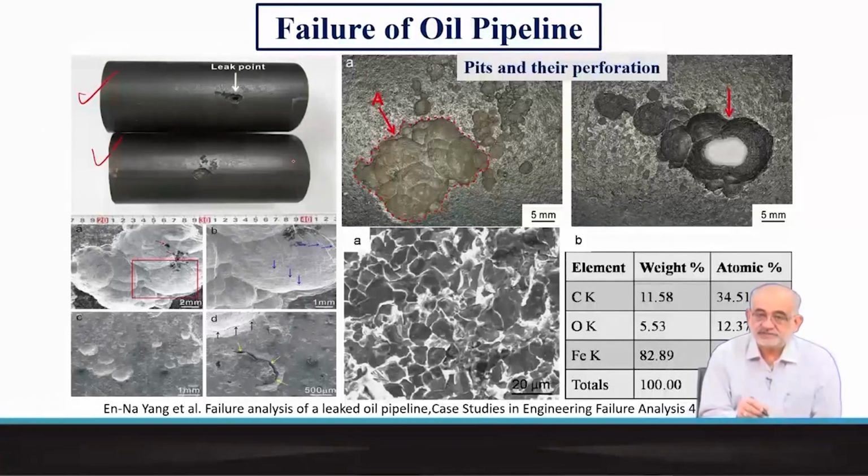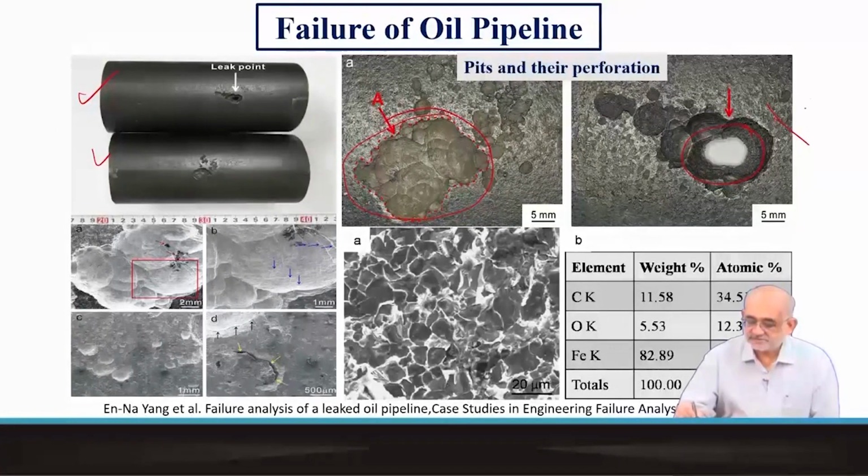So the pipes, which are made out of steel or various kinds of alloy steels, do undergo various forms of degradation, and one of the most prevalent and dangerous forms of degradation is the formation of pits and coagulation of these pits, or expansion of these pits, to create a big hole like this.